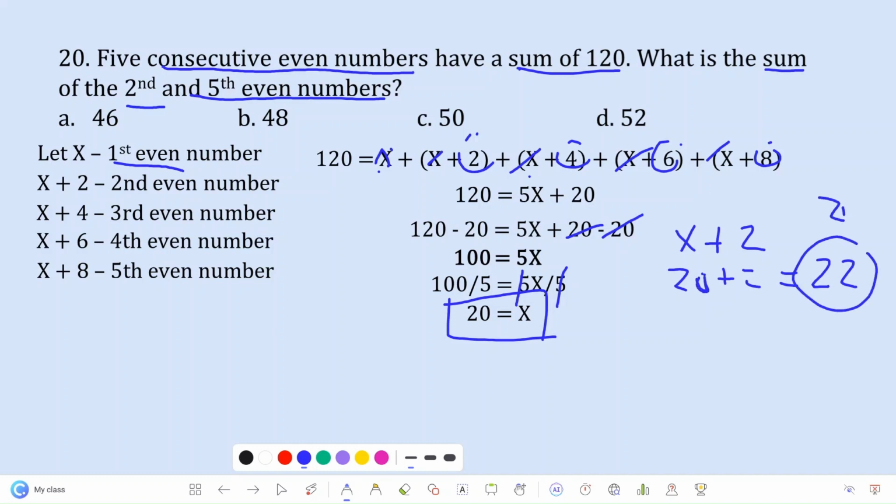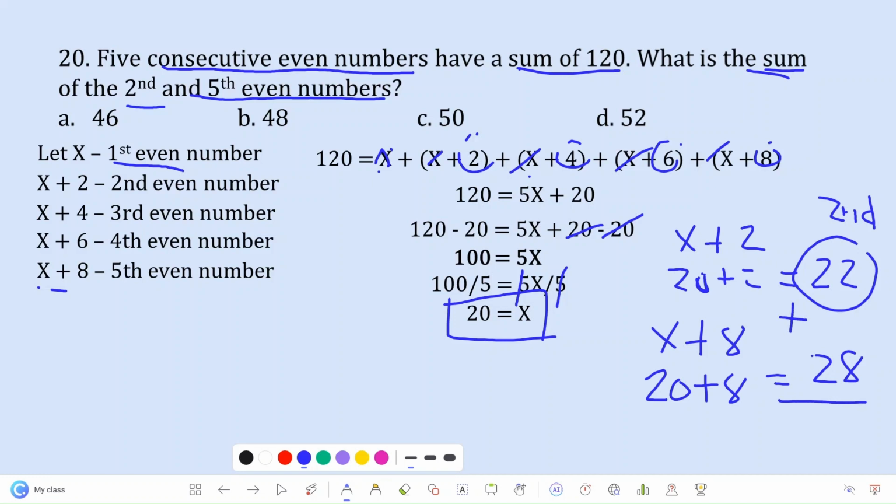At ang fifth naman, ito yung x plus 8. So we have here 20 plus 8. This is equal to 28. Ngayon, ang hinahanap ay sum nilang dalawa. So 22 plus 28 is equal to 50. And 50 is letter C.